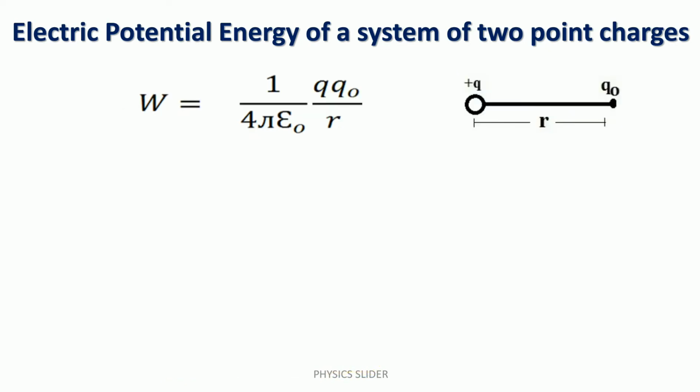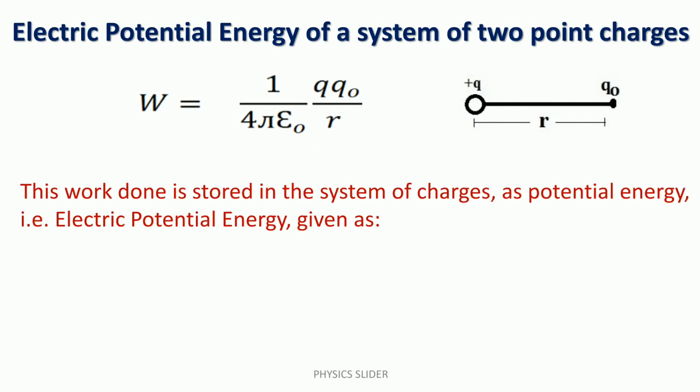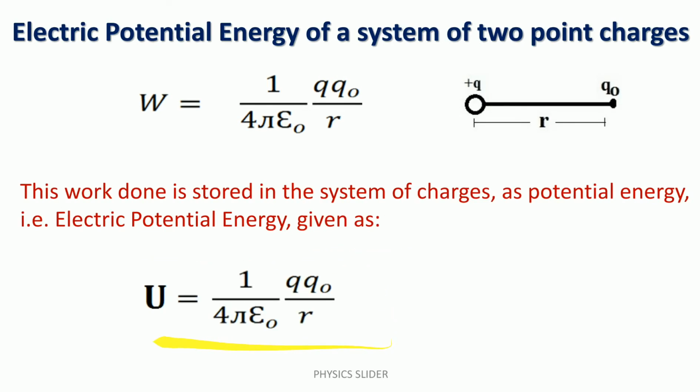This work done is stored in the system of charges as electric potential energy, which will be given as U is equal to 1 upon 4 pi epsilon naught Q Q naught upon r. This is the expression for the electric potential energy of a system of 2-point charges.